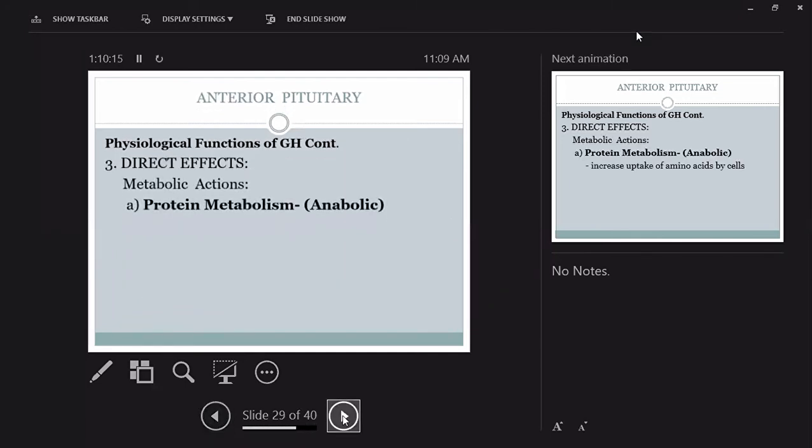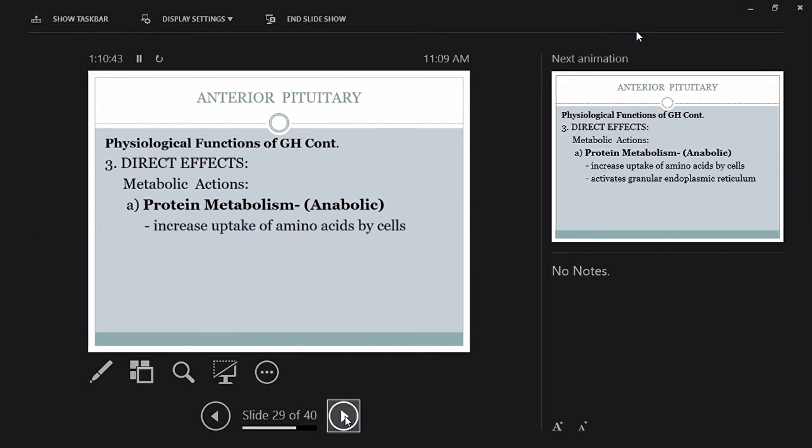The direct effect is on the metabolism. The direct effect of growth hormone is on the metabolic action, on the protein, carbohydrate, fat, like that. On protein metabolism, it is anabolic.